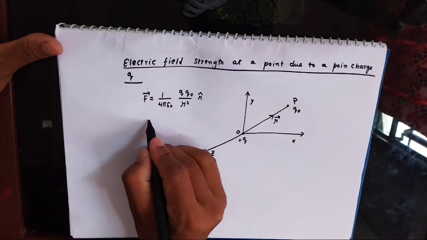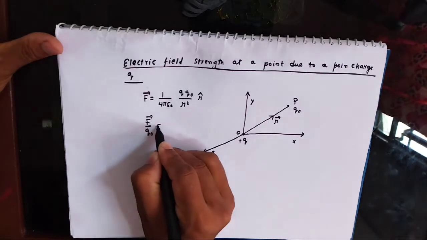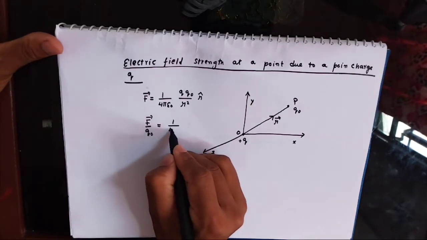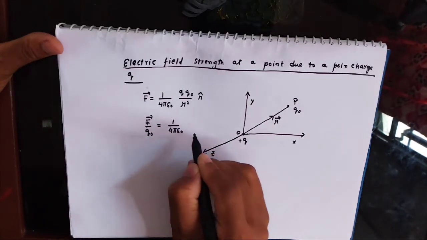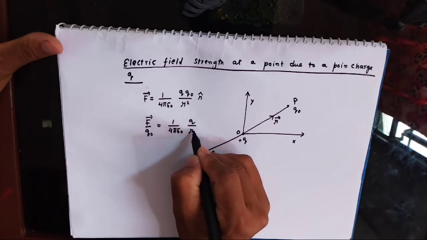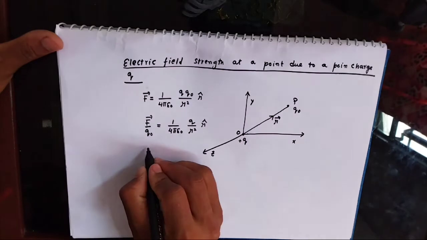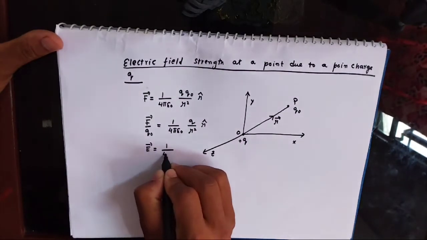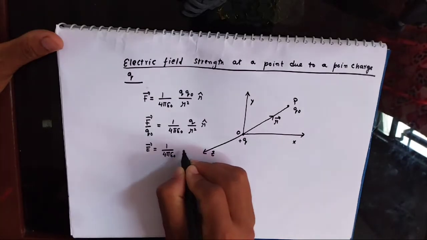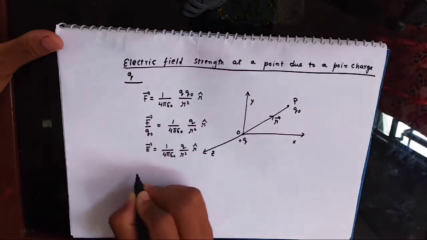If we take Q naught to the side, we have F by Q naught equal to 1 by 4 pi epsilon naught Q divided by r square r cap. What is F by Q naught? Force per unit test charge is nothing but electric field.